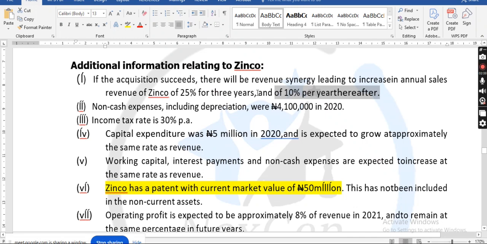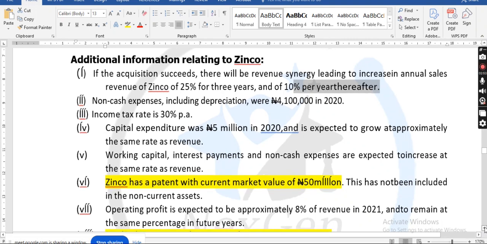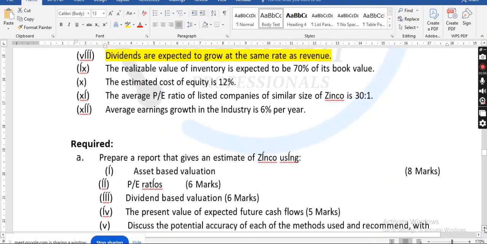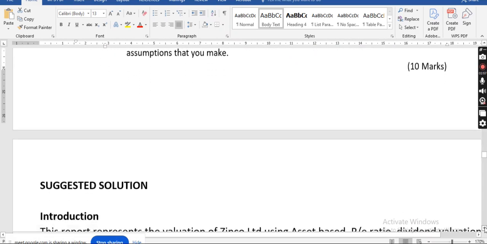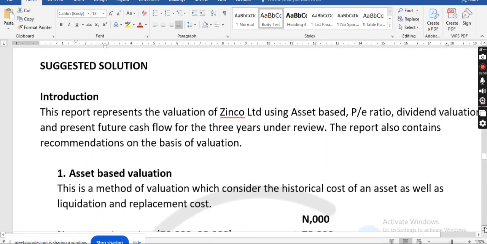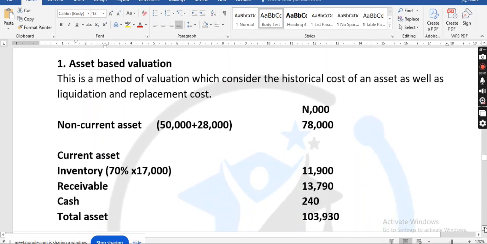So you need to get for the 3 years, then you will add 10% per year to infinity. You will add it to get the current value of the business using the dividend valuation method. So once you just see dividend, what it indicates is that this company pays dividend. It's a dividend-based company.